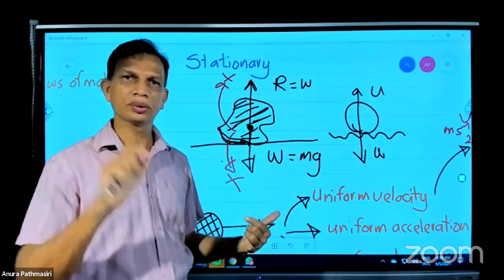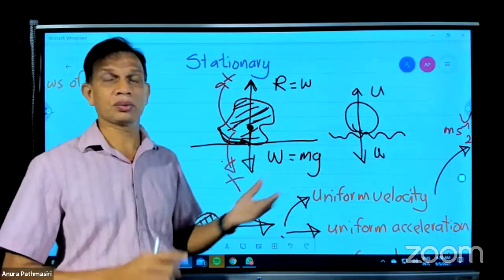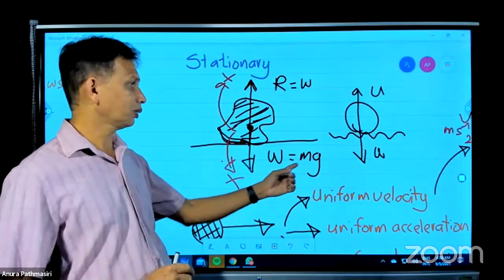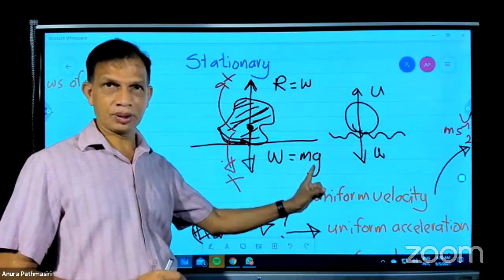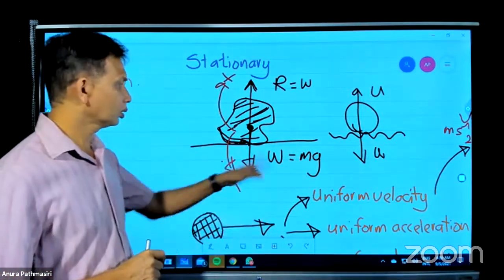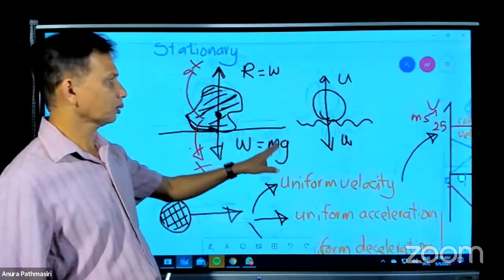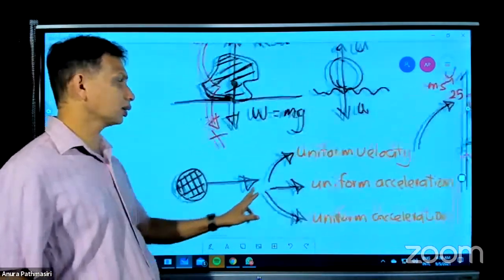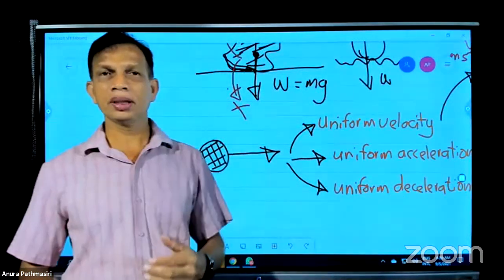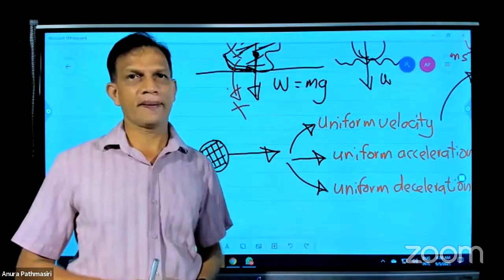So here you can have a question like this. What is the mass of this? What is the weight of it? And the weight is measured with W as mg, mass times gravitational acceleration. So we did it. And then we went on talking about that. And then the second reference in Newton's law of motion is the object at a uniform velocity.